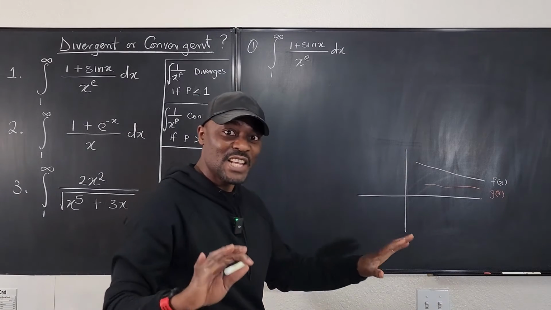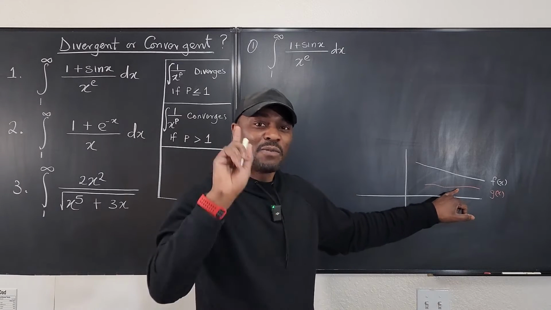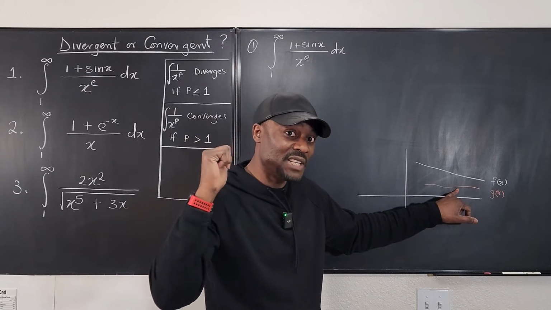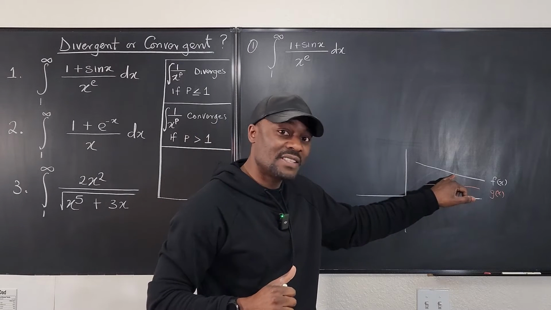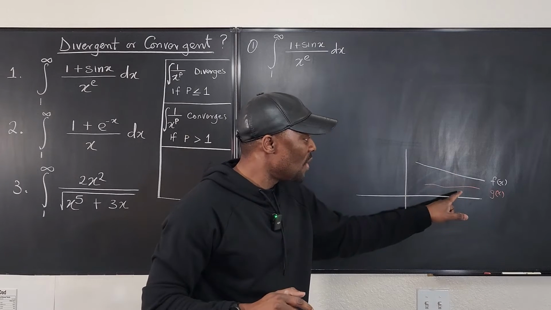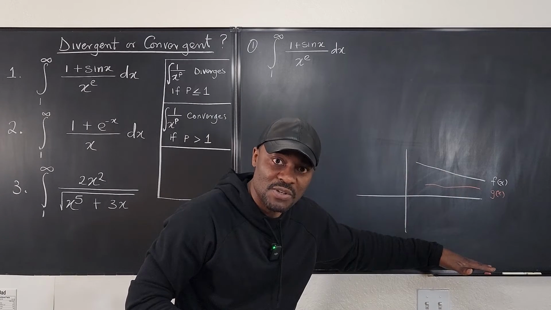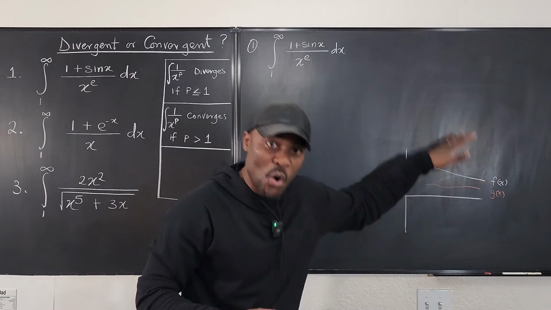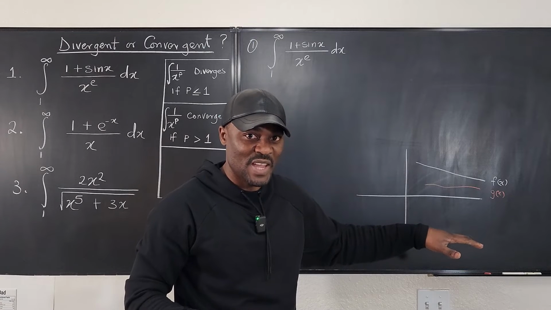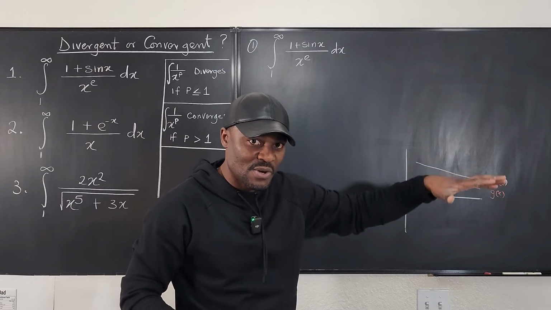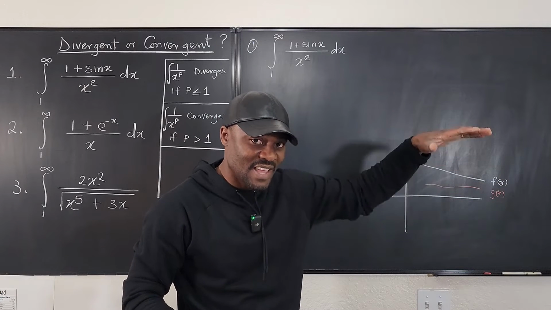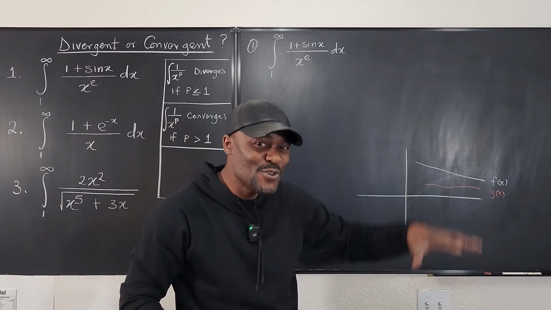If I can clearly show that g of x, for whatever value of x I am dealing with, is always less than f of x, then I know that because this one converges, this red one will also converge. Okay? They will come toward the x-axis. That's how you have to see it.